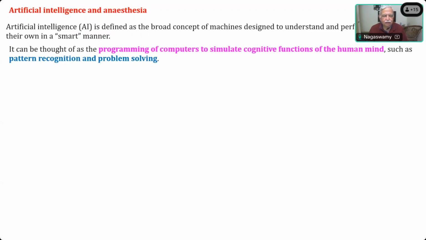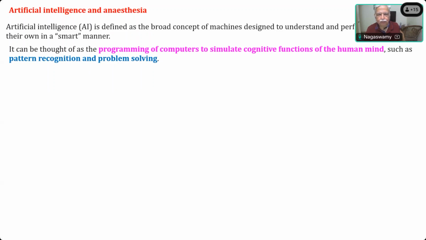It can be thought of as programming of computers to simulate the cognitive functions of the human being. That what you are thinking and what you are doing is all programmed into the computer to simulate your own normal cognitive action, pattern recognition, and problem solving. So whatever you can do, in case intraoperatively there is a hypotension after spinal, what will you do?